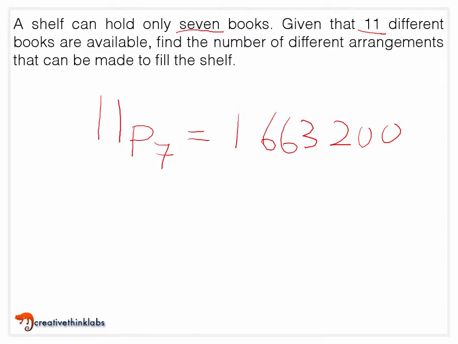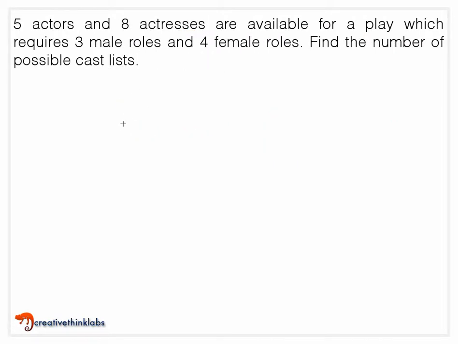Let's move on to the next one. 5 actors and 8 actresses are available for a play which requires 3 male roles and 4 female roles. So let's work with the actors first. There are 5 actors, but we want to permute only 3.